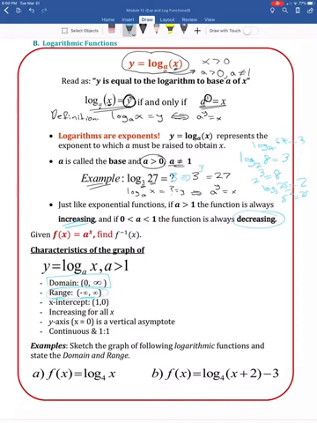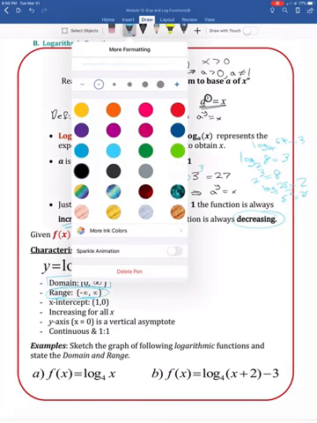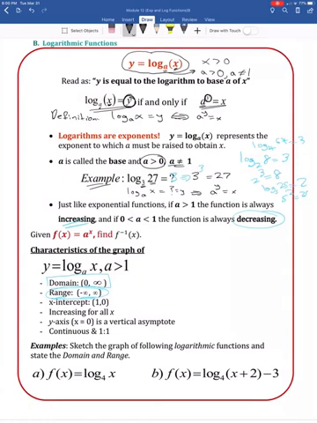So if you notice, these are opposite of what we have with our exponential definition. If you remember, on an exponential, I'm going to write back over here on the side, if we had f of x equal to a to the x power, where a is greater than 1, we had a domain of all real numbers, and we had a range of all numbers greater than 0 because we had that horizontal asymptote at y equals 0.